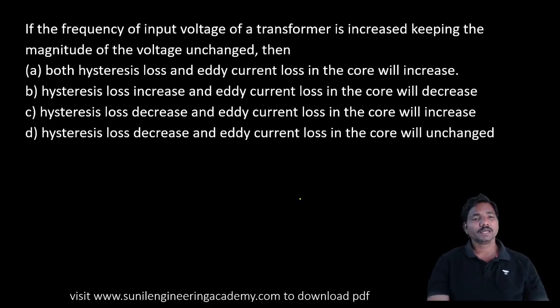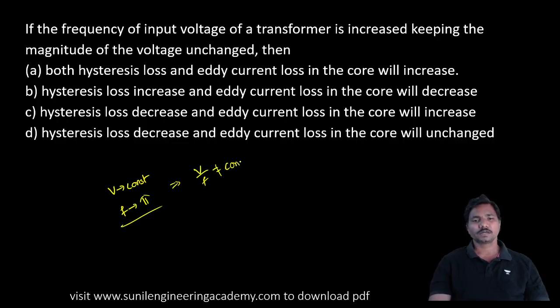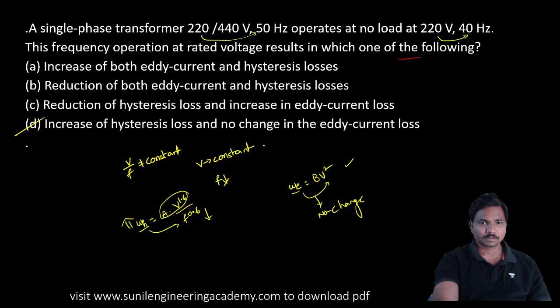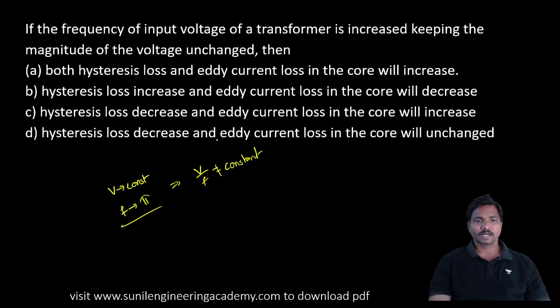Coming to the next one. If the frequency is increased by keeping the voltage constant, one is constant and one increases, so V by F is not constant, and V is constant. Then what about the hysteresis losses?